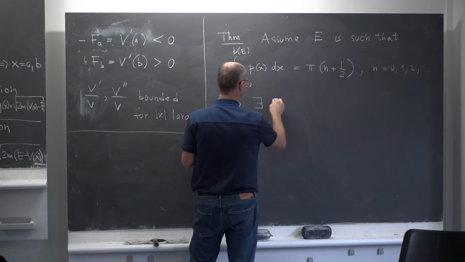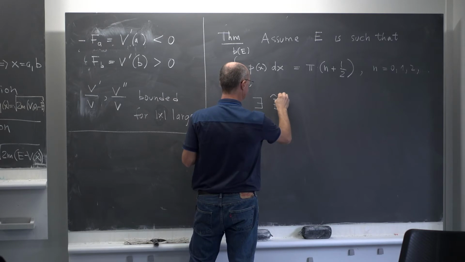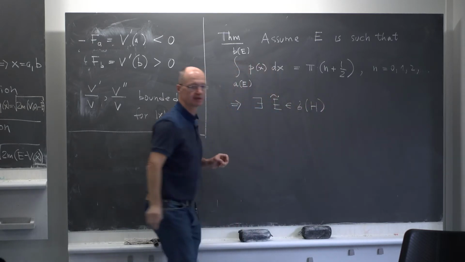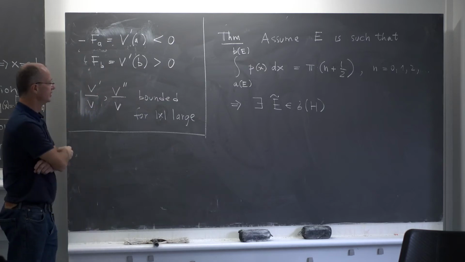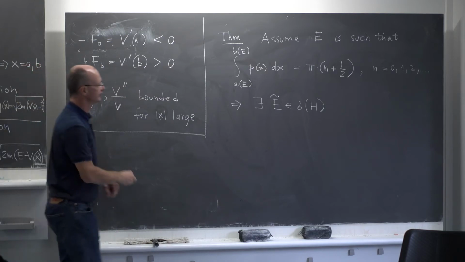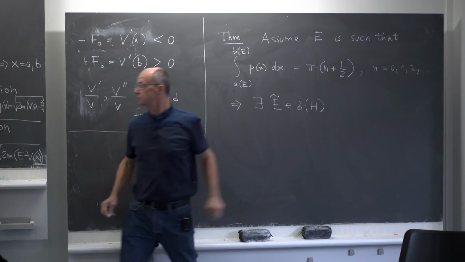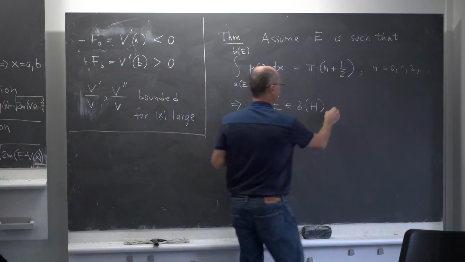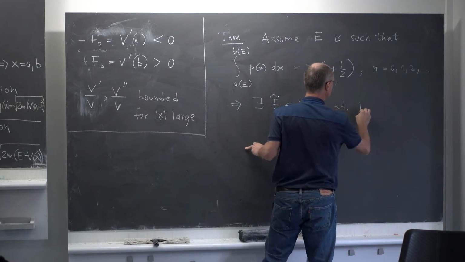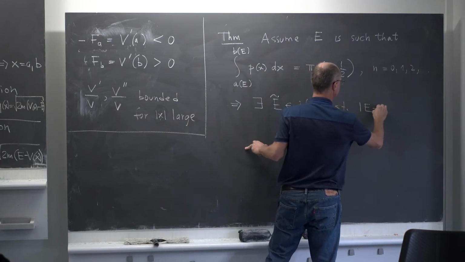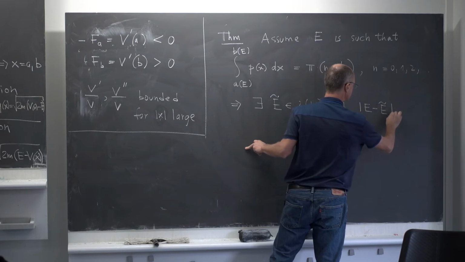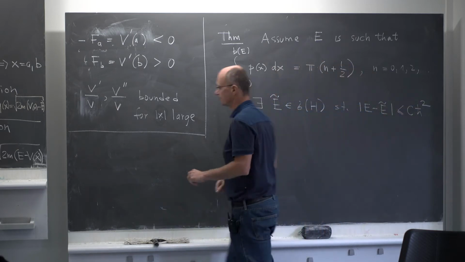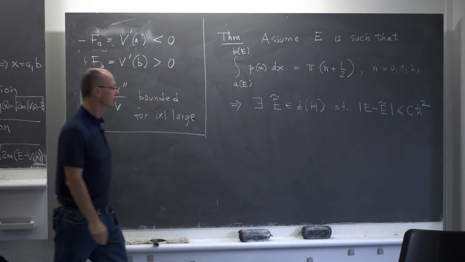So then there is a point E tilde of the spectrum, of the true spectrum of the operator H, such that the distance between E and E tilde is bounded by some constant.